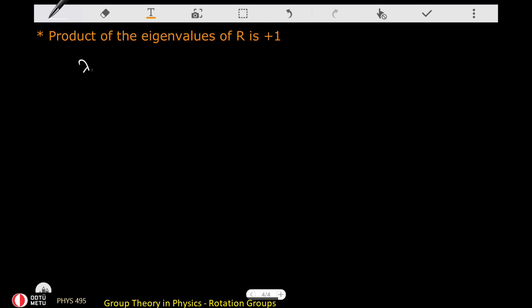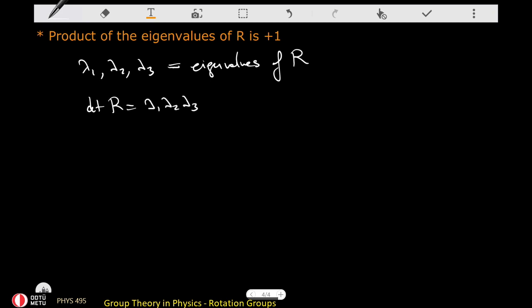And the product of the eigenvalues is 1. That means, if lambda 1, lambda 2, and lambda 3 are the eigenvalues, since R should have 3 eigenvalues, then we know the determinant can be expressed as the product of the eigenvalues. Since the determinant is 1, the product of the eigenvalues is equal to 1.